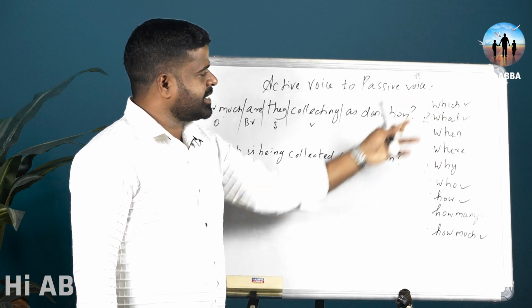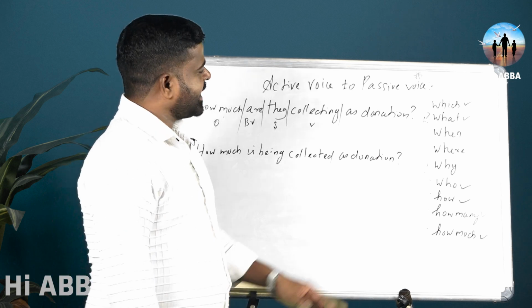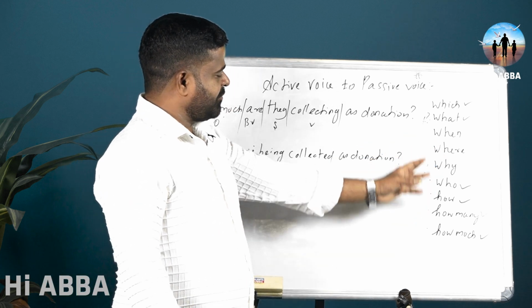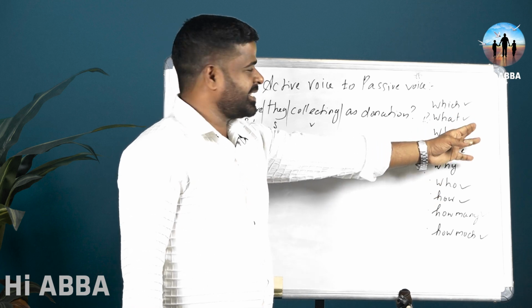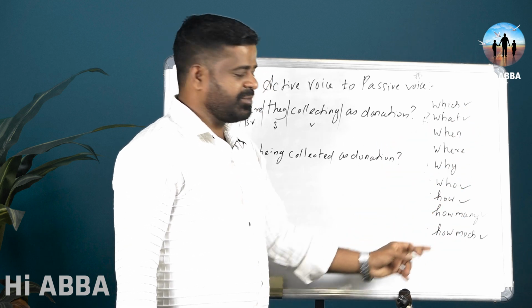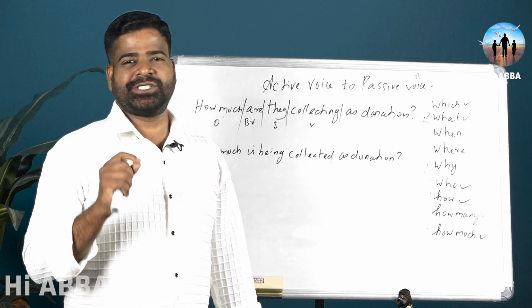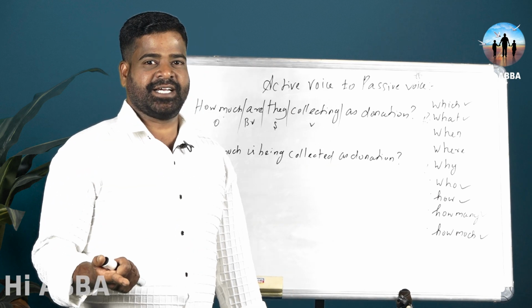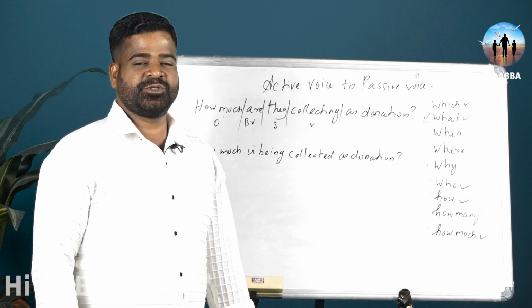Among all these WH question forms, not every one can take the place of object, only a few, which we have ticked here: which, what, who, how many, how much. These WH questions will become an object in an interrogative sentence, so they can be changed into passive voice.